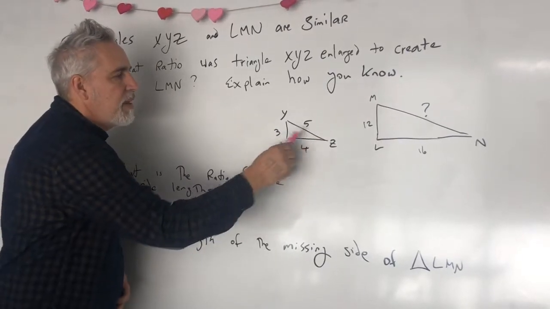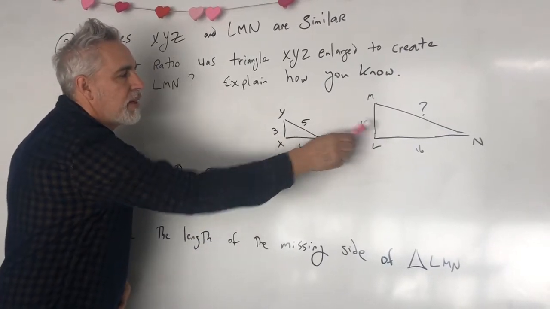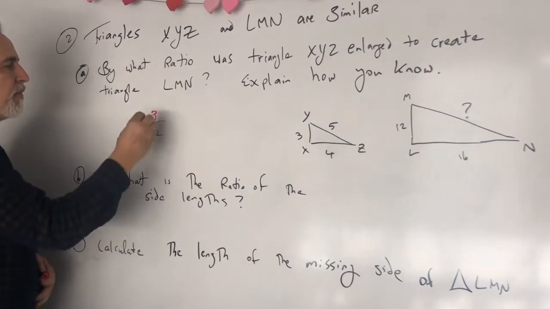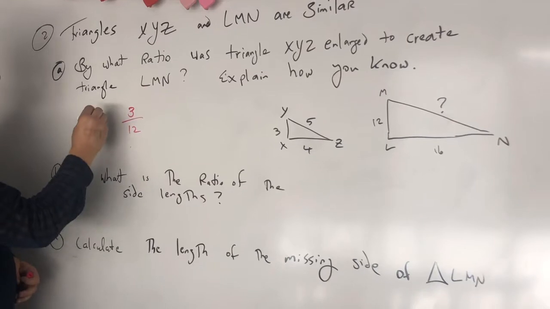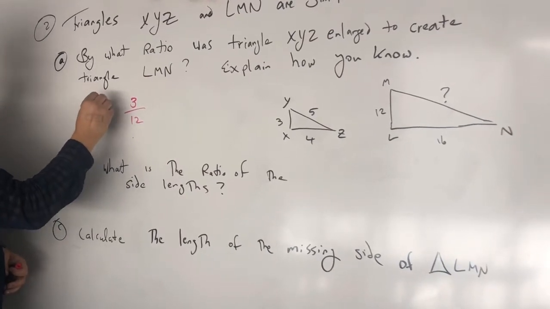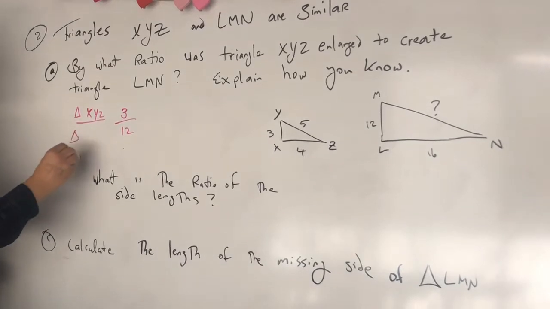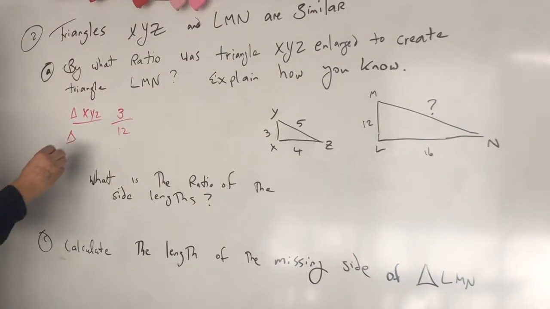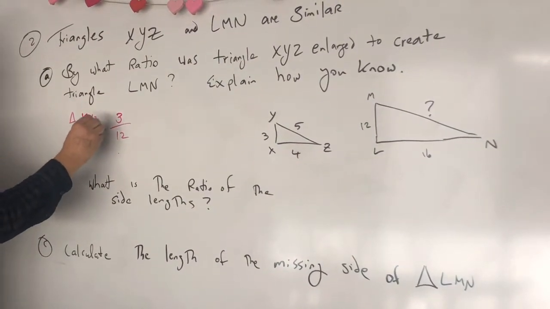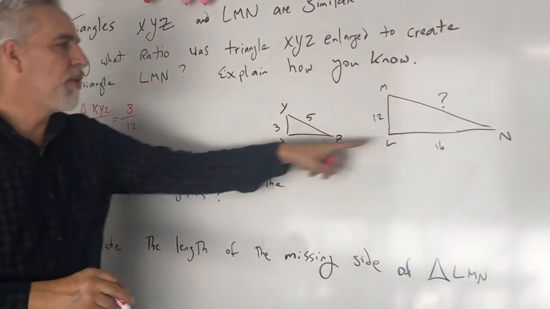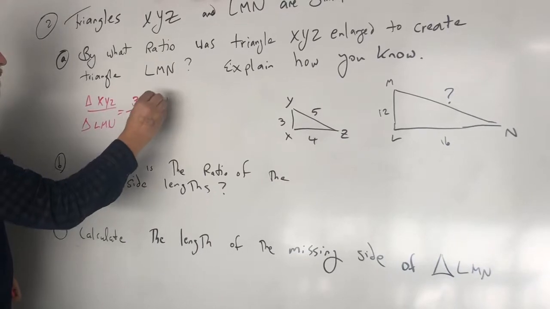So this side here corresponds to this one here, and I write it as a fraction. So I put triangle XYZ here, and I put over triangle LMN, right? There we go. So this is how we set it up, and we can do that with the other two sides, 4 and 16. You start to see the pattern, right?